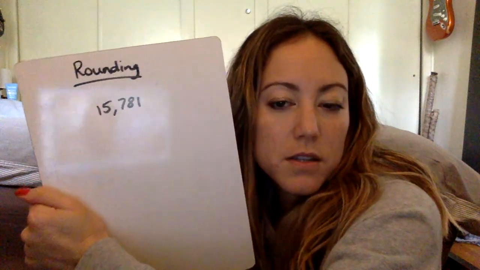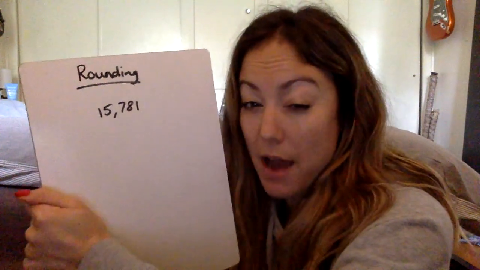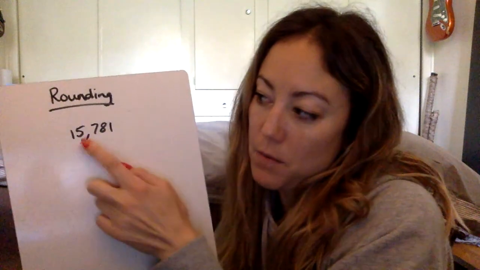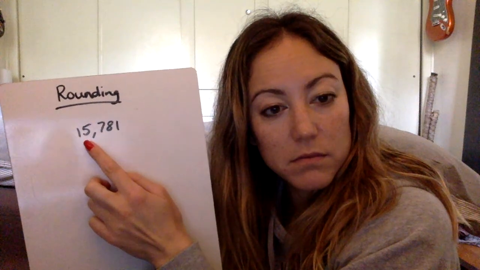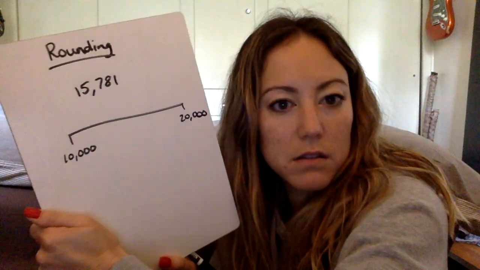So if we wanted to round 15,781 to the nearest 10,000, we want to think about what the two 10,000 numbers are that would go on either end of the number line. What would the two numbers be that this is in between? We know the two 10,000s are 10,000 and 20,000, right?